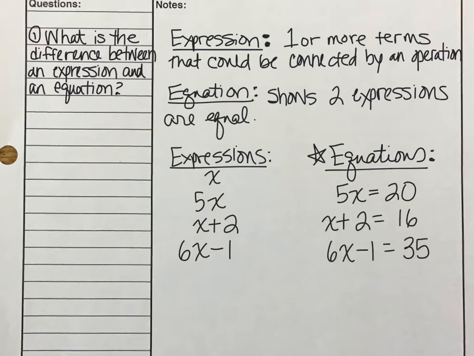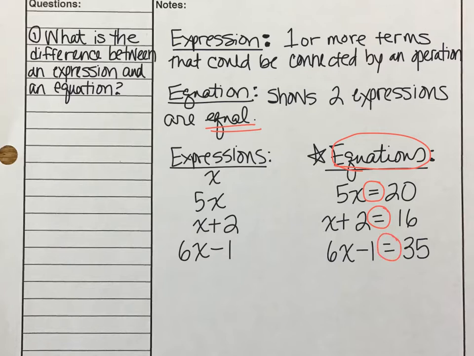And what do you see is the biggest difference between the expressions in the list on the left and the equations in the list on the right? Well, the difference is that equations always have an equal sign. So you'll see that an equation shows that two expressions are equal to each other.